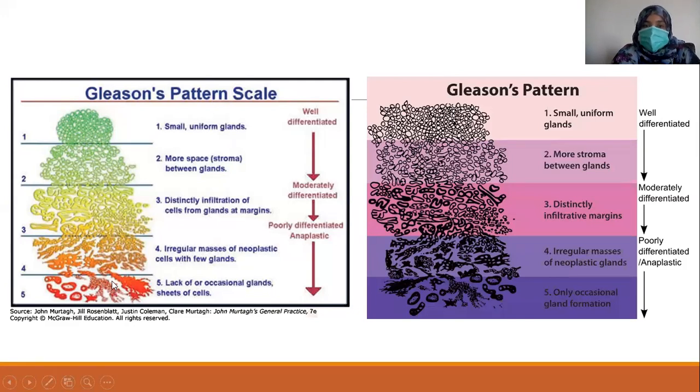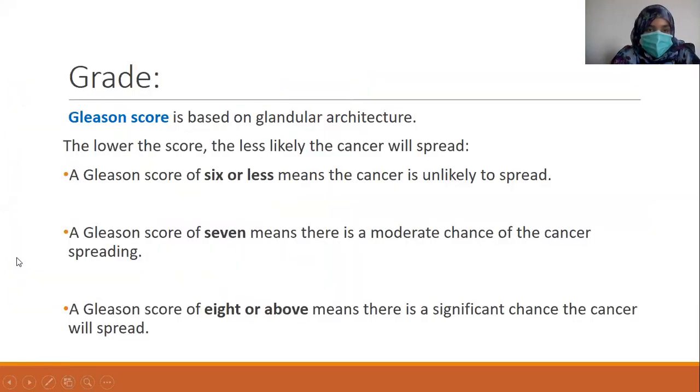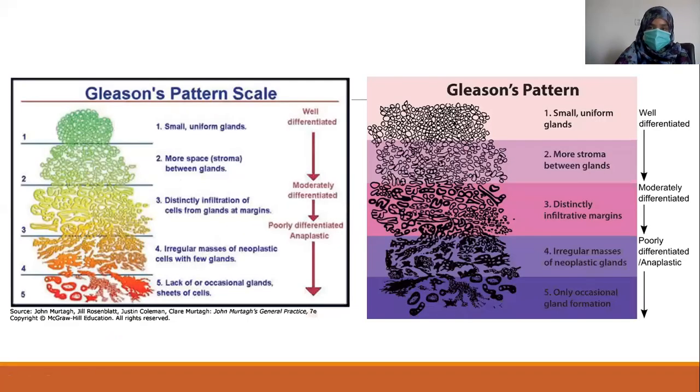Now the question arises: these are 5 scores, so how can we say that a score of 6, 7, or 8 or above means there can be a spread? There is a way to calculate the Gleason score. The most commonly occurring microscopic pattern of the cancer is noted.